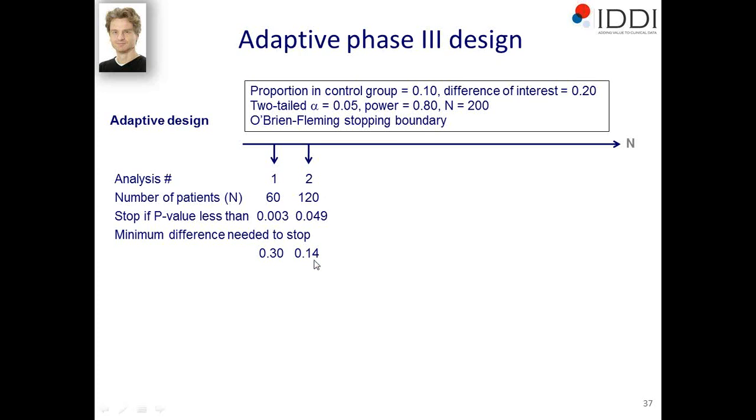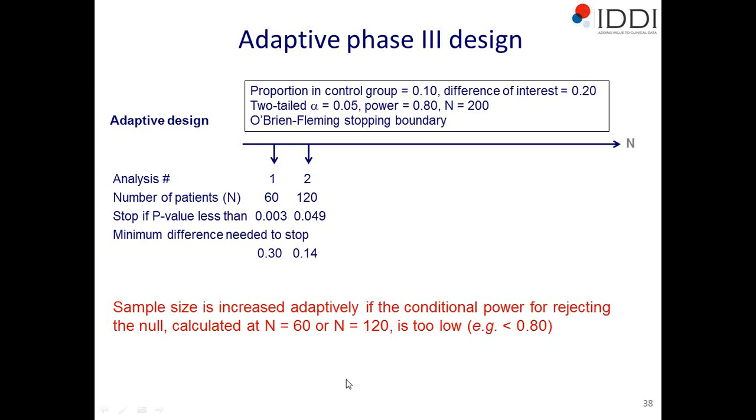Now, what you could do is look at the interim results, and you could increase your sample size adaptively if you realize at the interim analysis that the conditional power, so the power of rejecting the null hypothesis given the data and the difference you have observed thus far, is too low.